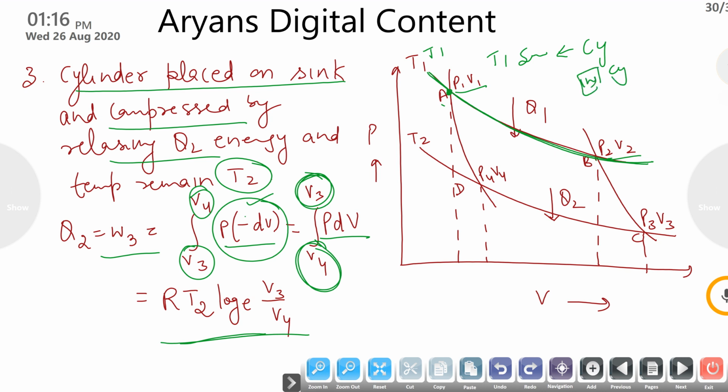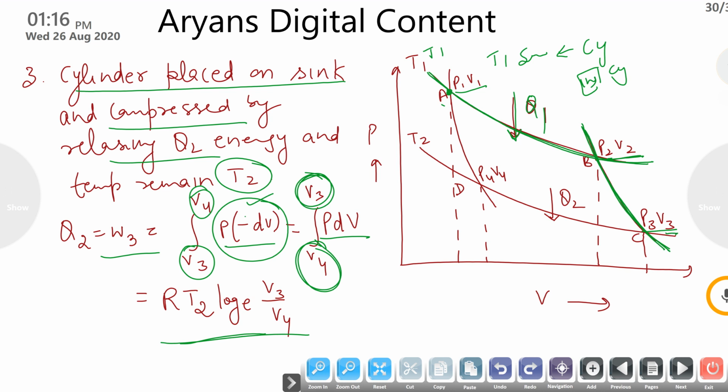The stand is an insulator, and insulator means adiabatic. So this graph is your adiabatic graph, meaning here there is no exchange of heat. So the Q1 heat that is taken from the source will remain Q1 and it will be used in work done. So this is an adiabatic process with no exchange of heat, and the parameters will change from P2 V2 to P3 V3.